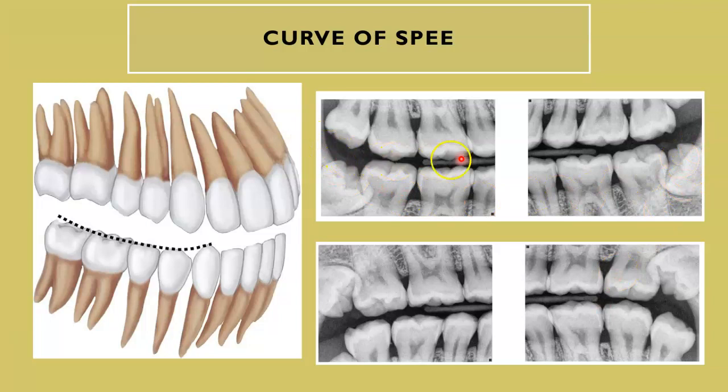This is an example of looking at that curve of Spee and seeing how it goes from here and then starts to rise up as we get more towards the posterior to create that concavity as the teeth are occluded. And you can see the difference between this one, which is correct, and this one, which is incorrect, because you see that it's frowning. We always want to make sure that the curve of Spee has the smile and not the frown.